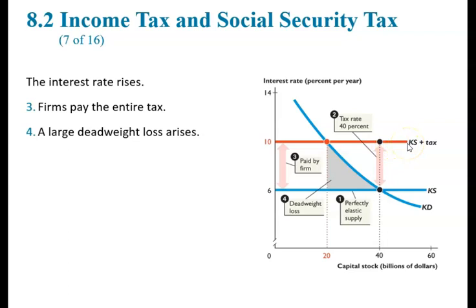So remember, whichever is more inelastic shares the greater burden of the tax. And in this case, the firms are the ones who are demanding the capital, which is the more inelastic of the two between demand and supply. So that's why firms will pay the entire tax.